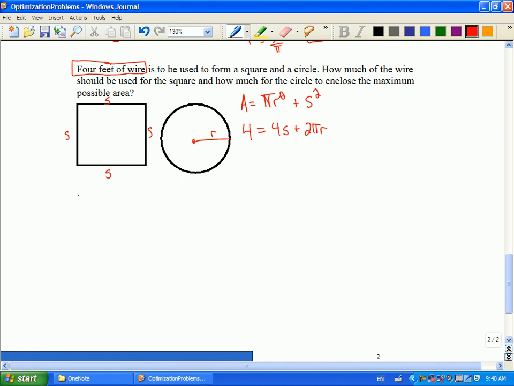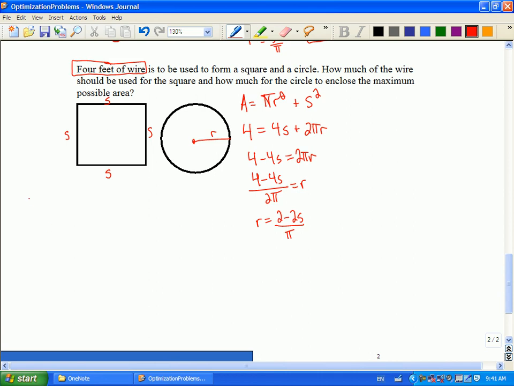So then we'll solve for one of these here. Let's see. Solve for r? Okay. So 4 minus 4s equals 2 pi r. 4 minus 4s over 2 pi is r. So I could call this r equals 2 minus 2s over pi.